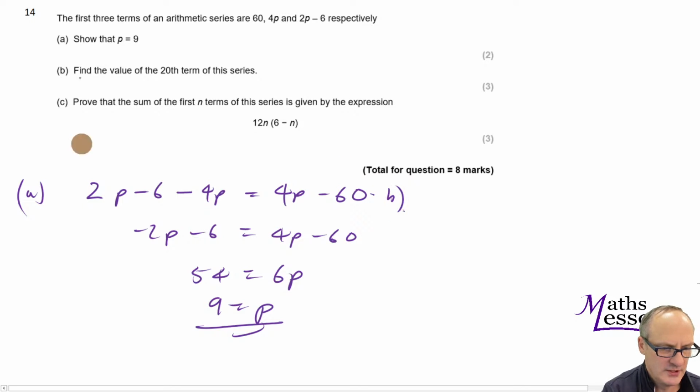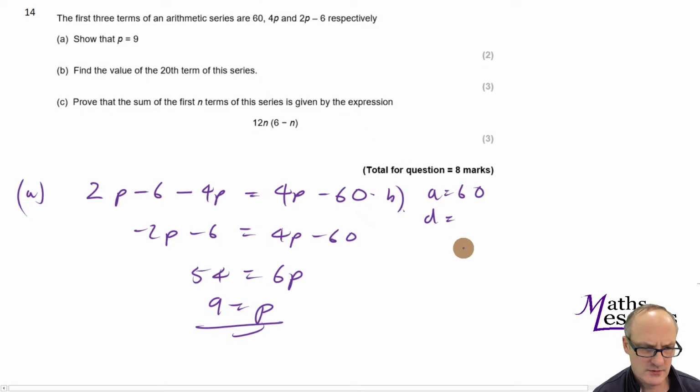Part B. Find the value of the 20th term of the series. So we know that the first term, a, equals 60. We know the common difference, d, will equal 4 times 9 minus 60.